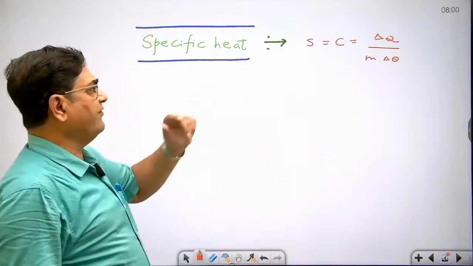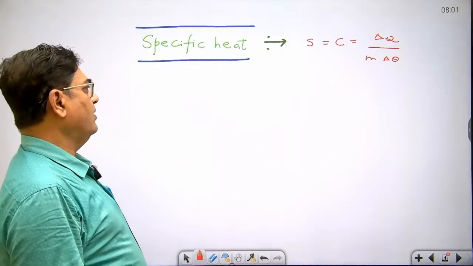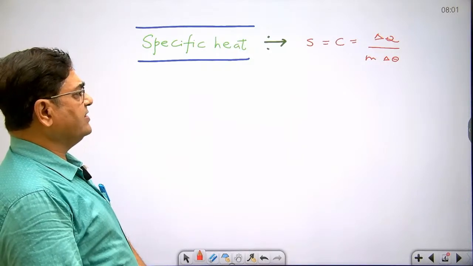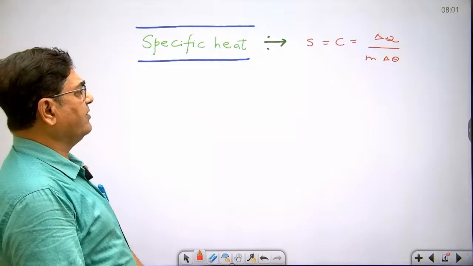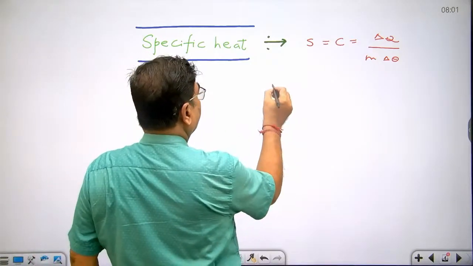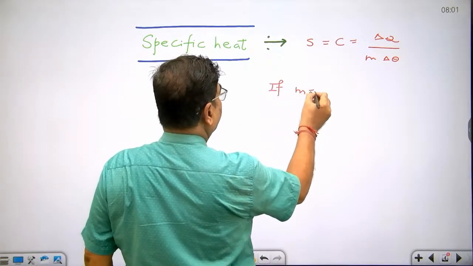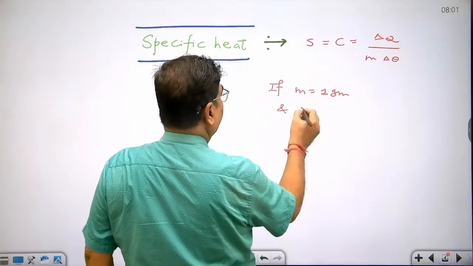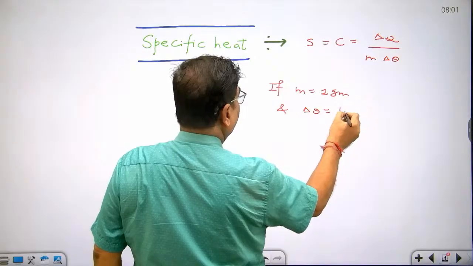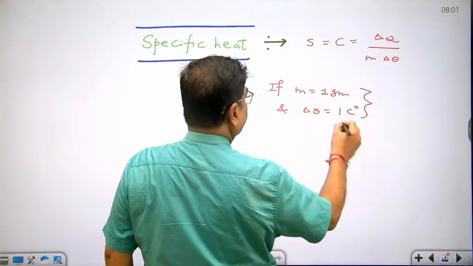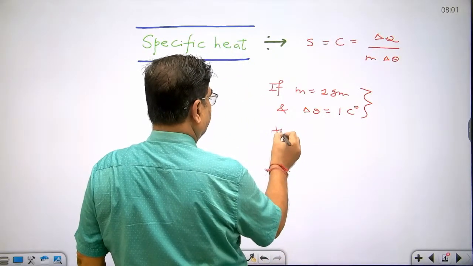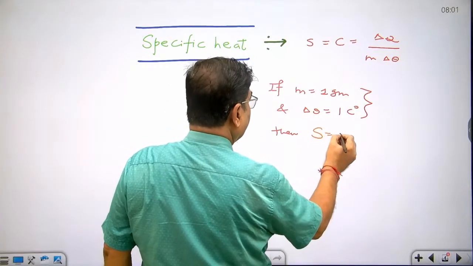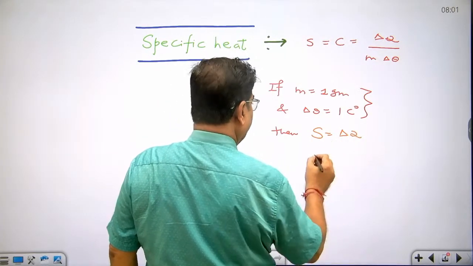So dear student, if we keep m equal to 1 gram, delta theta equal to 1 degree centigrade, where delta theta is change in temperature, then C or S will be equal to delta Q. Specific heat is equal to the quantity of heat supplied.